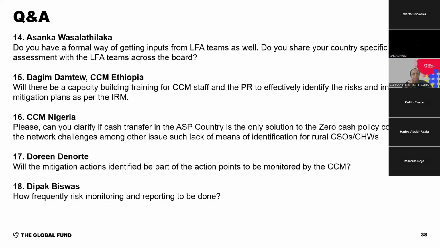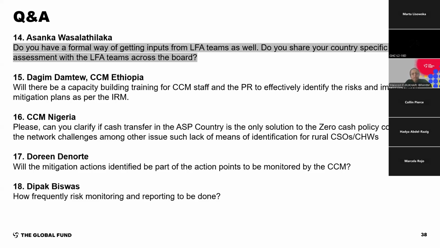Do you have a formal way of getting inputs from LFA teams as well? Do you share your country-specific risk assessment with the LFA teams across the board? The LFA team works closely with the country teams, and most of the LFAs request the country team assessment of the risk level before they perform their function, and also the outputs from the assurance activity do inform the risk rating.